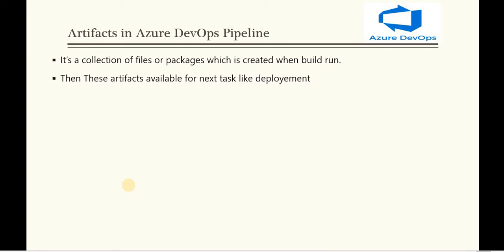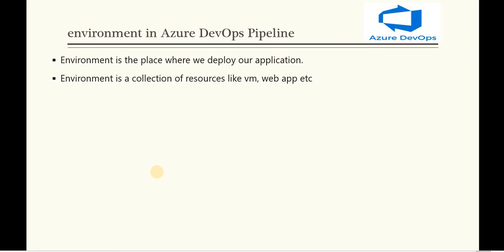Those things are taken care of under artifacts. When we create an artifact, when we take any packages, those are available in the next task, like deployment. These kinds of things come under artifacts.